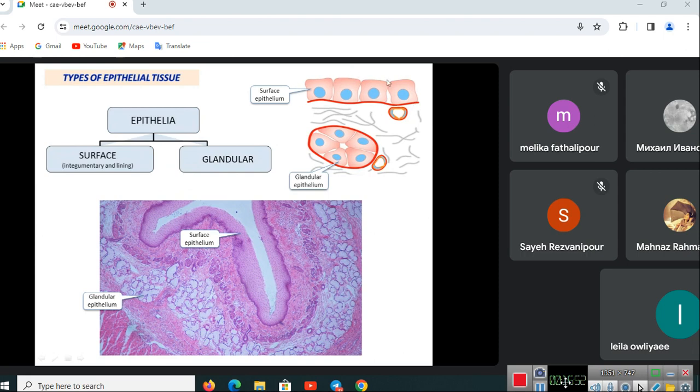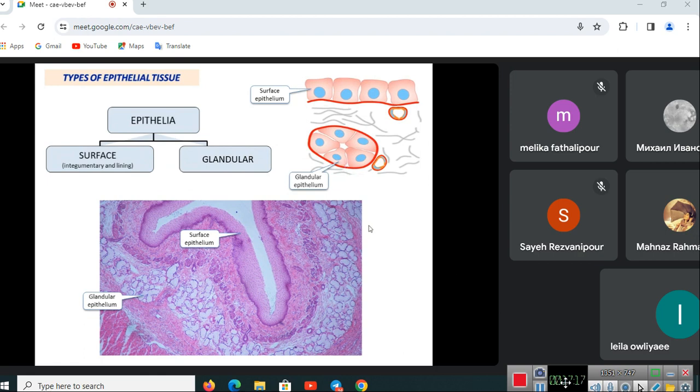So this is the surface epithelium. And glandular epithelium consists of cells also lying upon basement membrane, and these are glandular cells. Their function is to produce some substances such as proteins, lipids, steroids, mucus, etc.